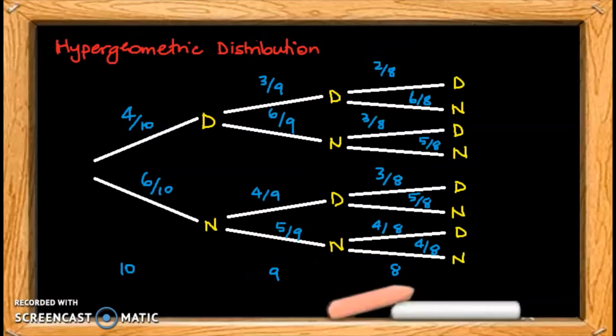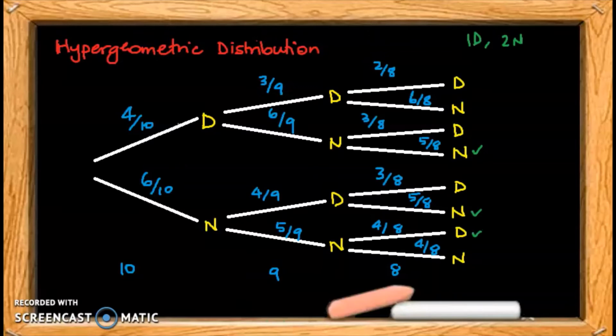Now that this tree diagram is complete, I'm going to specifically look at the case where I have 1 desired and 2 non-desired. And I can see that this path has that, this path has that, and this path has that. There are 3 paths.